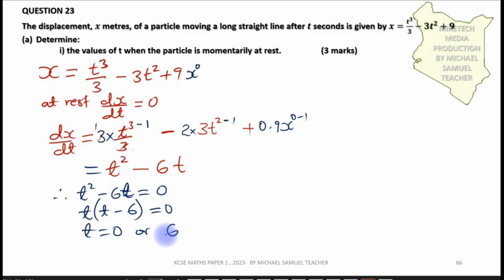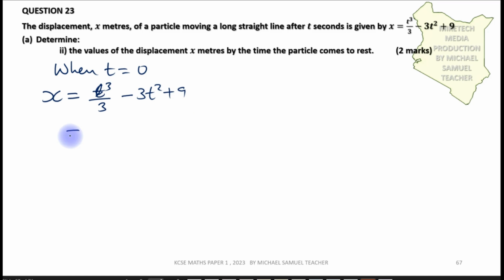So from the starting point, after t is equal to 6 seconds, because the initial starting point t was 0, the particle will be momentarily at rest. Then Roman 2 of the question, the values of the displacement x meters by the time the particle comes to rest.